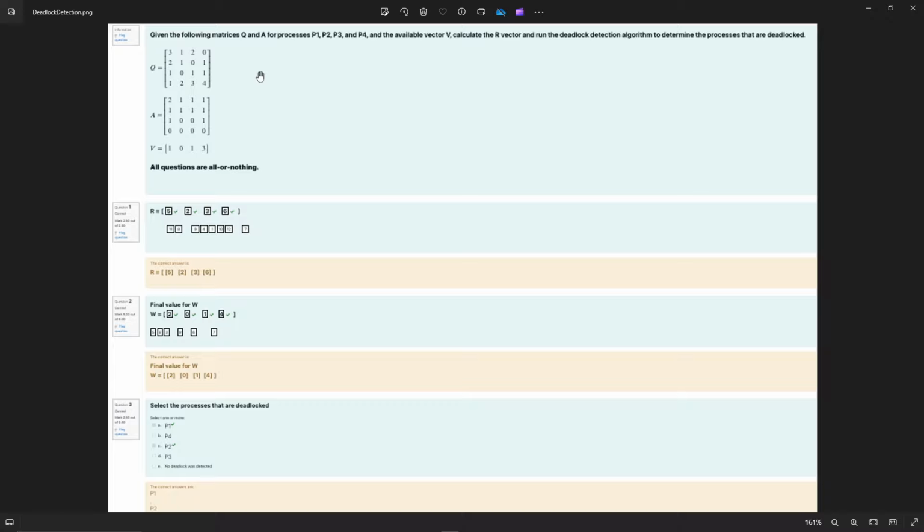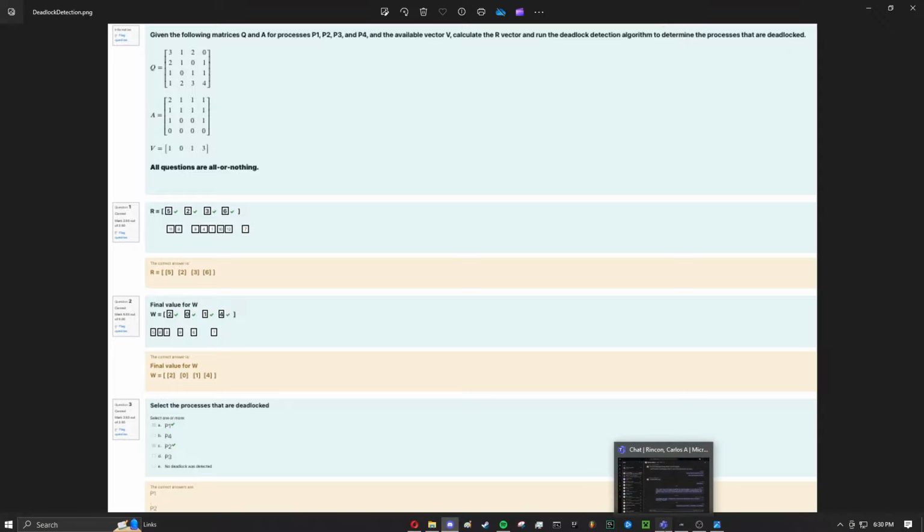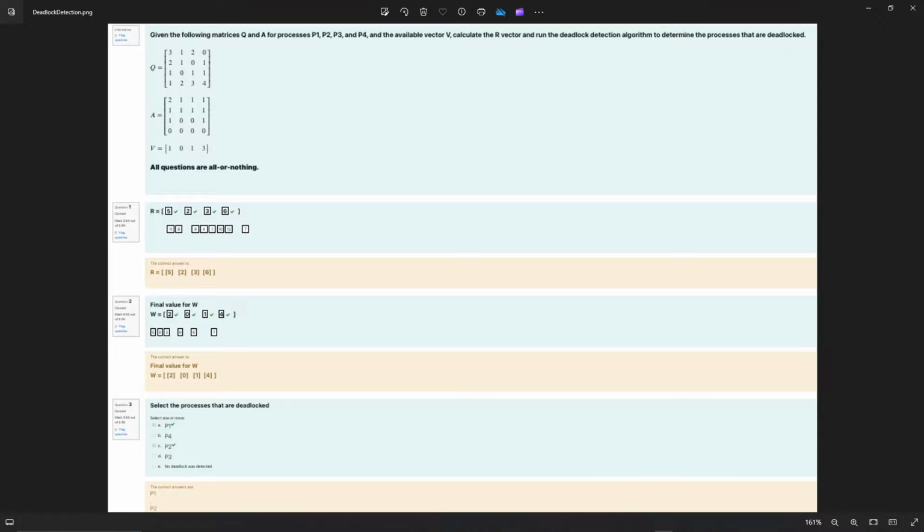This is the problem you're talking about, right? Yeah, I see what you mean. You say P4 is not deadlocked because it's 000. That's a good question. I believe he did go over it in class, and he said that it is the case. But I would like to make sure.